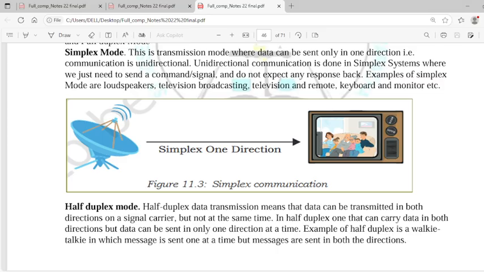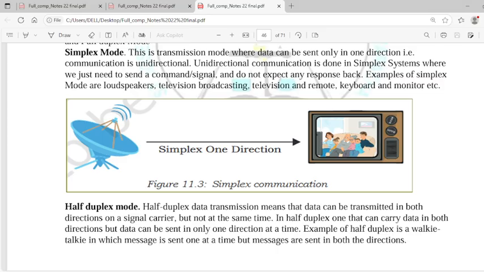So where data can only be sent in one direction from the sender to the receiver, and the receiver cannot send back to the sender, is simplex mode. Unidirectional communication is done in a simplex system, where we just need to send a command or a signal and do not expect any response back.